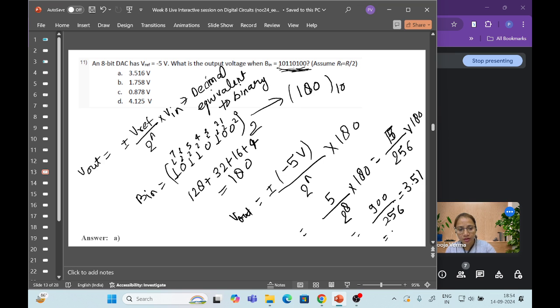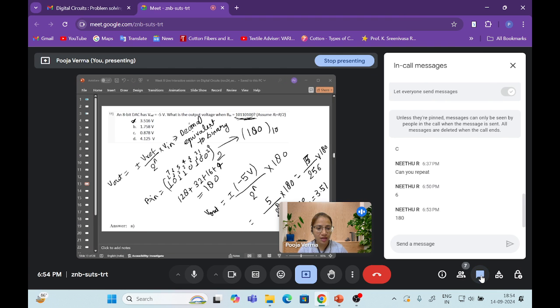3.51 volt. So that's why this option is the correct answer for this question. Anyone of you can check it: after dividing 900 by 256, what will you get? Can you answer in the chat box? Can you divide and check it?